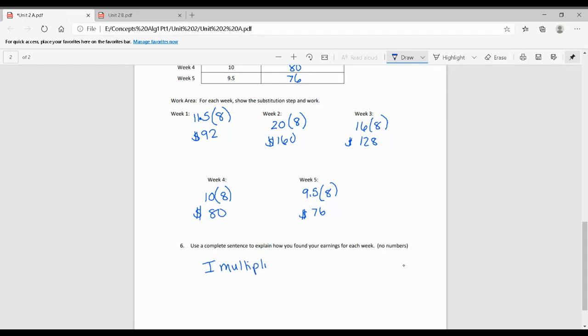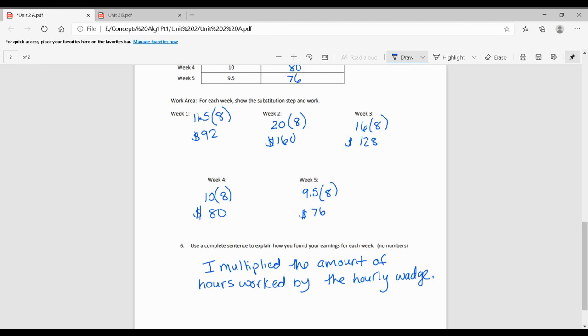So I multiplied the amount of hours worked by the hourly wage. The amount of hours worked is what changed each time, right? 11 and a half, 20, 16, etc. But that hourly wage was that $8 that always remained constant.